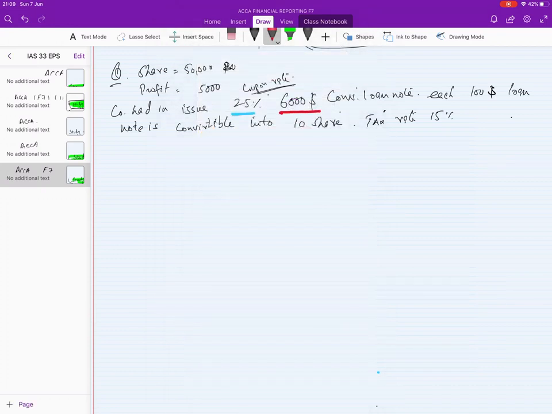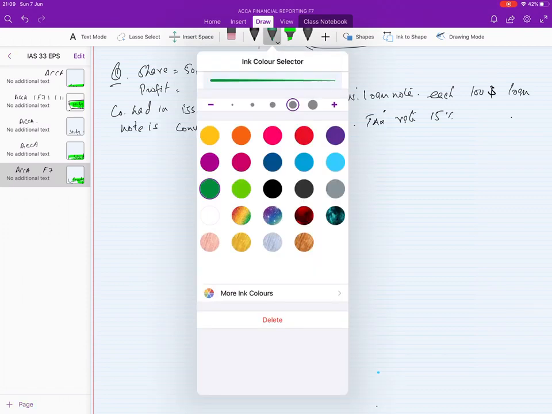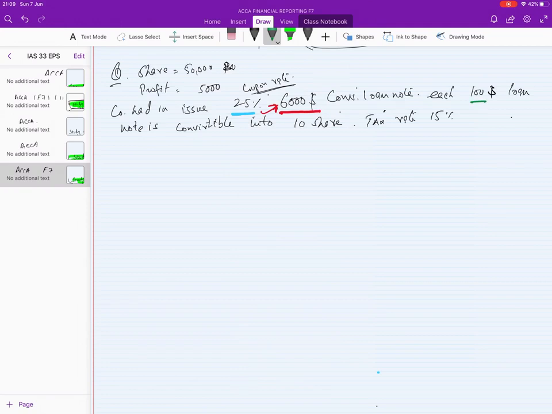On the 6,000 loan note, you are paying 25% interest on this amount. $100 is convertible into 10 shares.